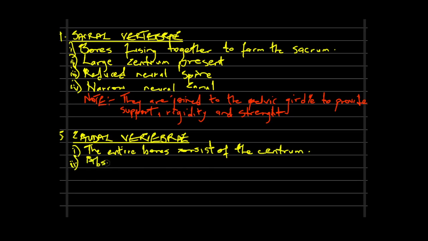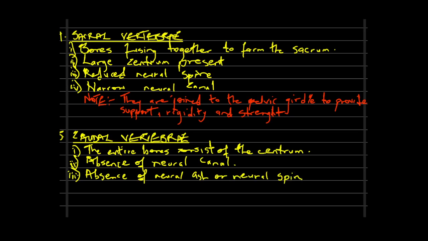Absence of neural canal. 3, it also has no neural arch or neural spine. Absence of neural arch and neural spine. So these are some of the characteristics of the caudal vertebrae.